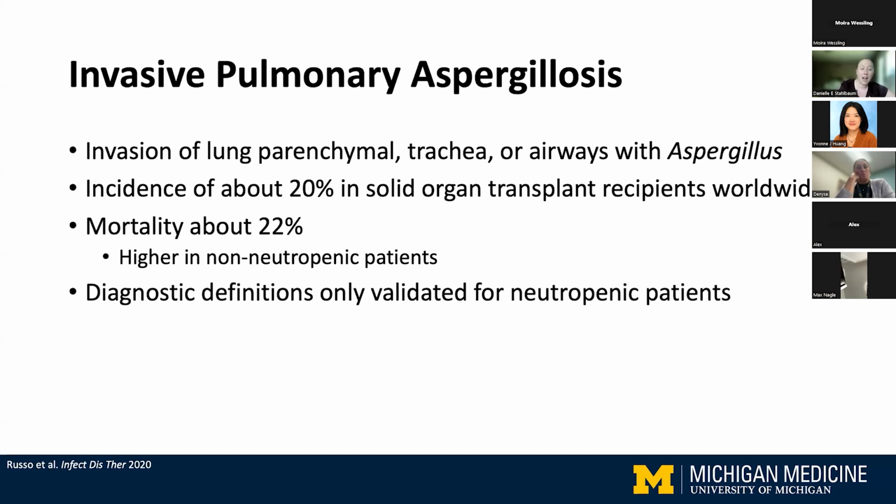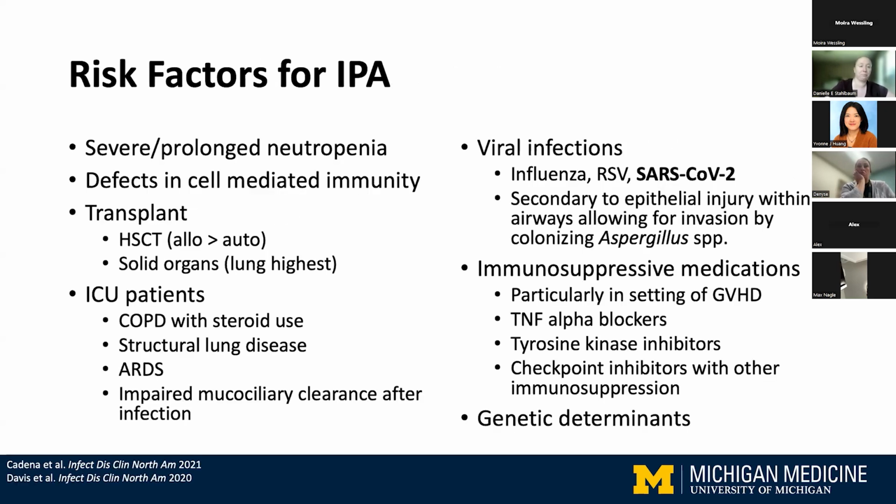It has a high mortality of about 22%, higher in non-neutropenic patients, probably because there's a delay in diagnosis in that patient population. Diagnostic definitions are only validated for neutropenic patients. So even though non-neutropenic patients can get this, it just really hasn't been studied well.